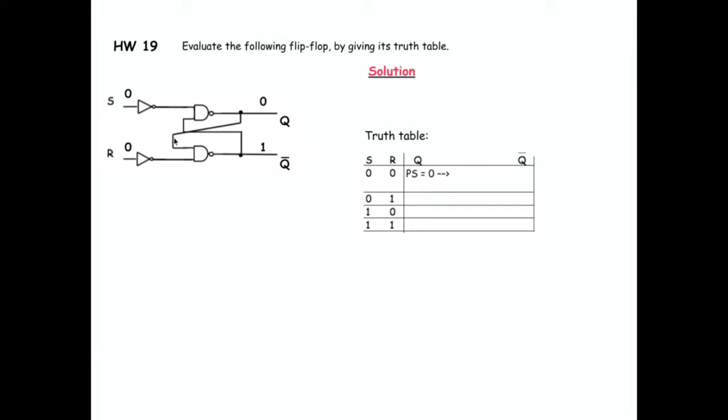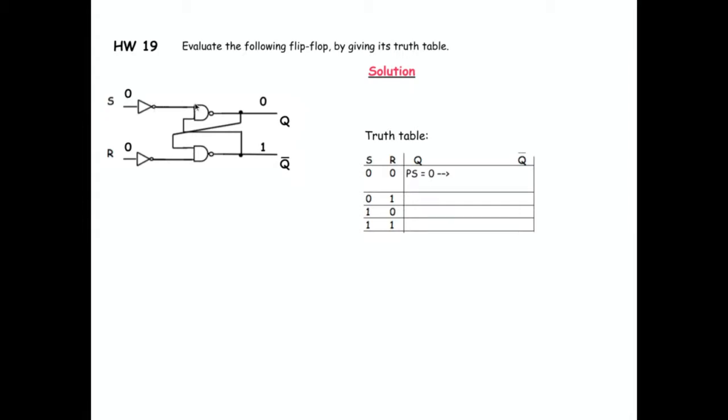So if Q was 0 and the inverted signal is 1, the AND is 0, and the inverted 0 is 1. So the state is preserved, and then we can keep going from the complement of Q, this 1 goes in here.